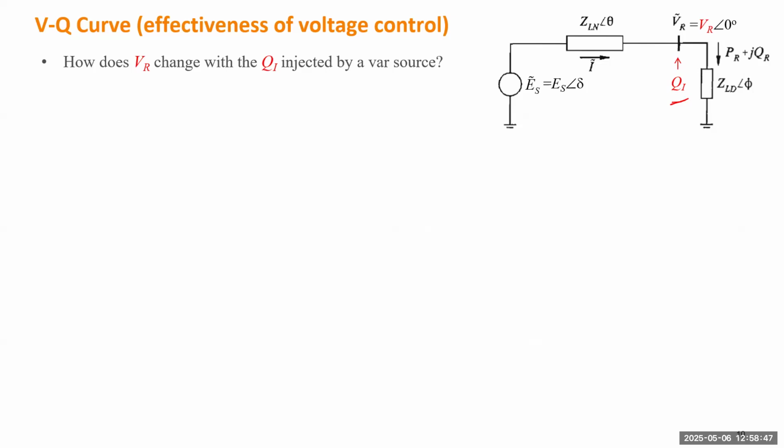We need to figure out the function of how the voltage will change with Q. That one is called a VQ curve. Keep in mind, this Q is not that Q. It's not the load Q. It's actually additional Q injected to this bus. It can be done by a capacitor, SVC, STATCOM, or a synchronous condenser, or any voltage controller we learned from the voltage regulation control session.